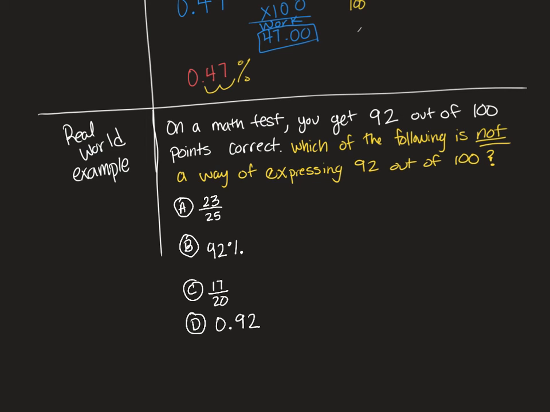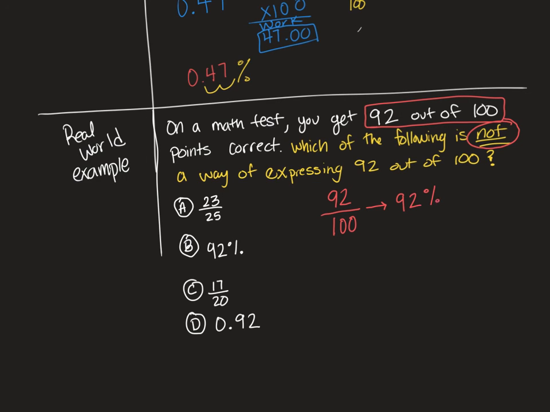So several of you indicated how you write 92 out of 100 as a fraction, as a decimal, or as a percentage. Good job. So 92 out of 100 can be written as a fraction like this, 92 out of 100. Now, the question is asking which one is not a way of expressing 92 out of 100. I know that 92 out of 100, if I convert that into a percentage, that's 92%.